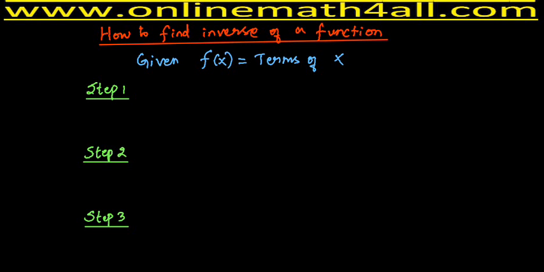Okay, so the given function is f of x. Since it is a function of x, we'll have terms of x on the right side of the equal sign. So in step 1, in the given function, I'm just going to replace f of x or h of x, whatever is given, by y. And on the right side, I just take the terms of x as it is from the given function.